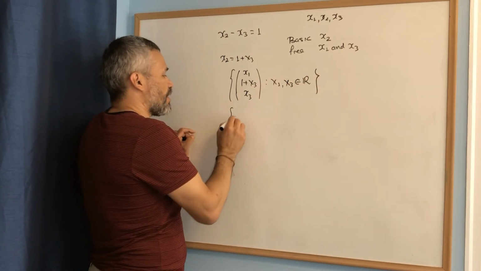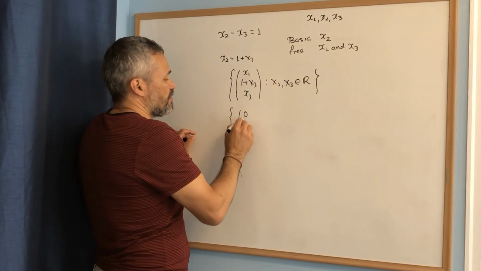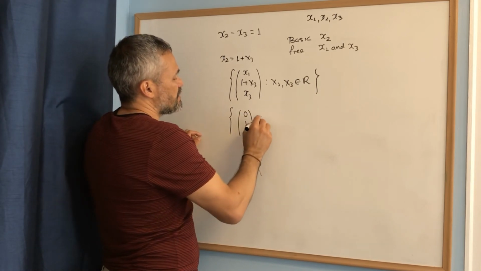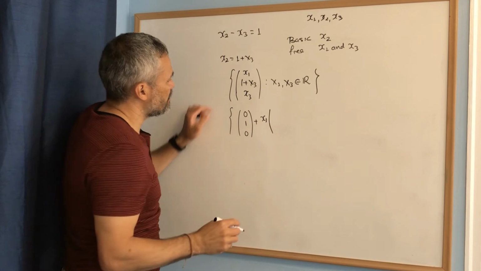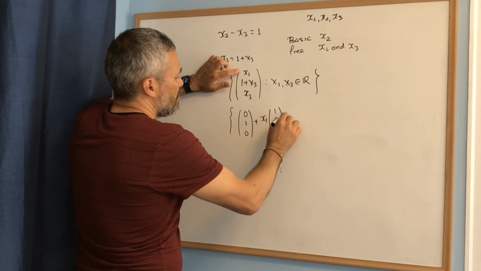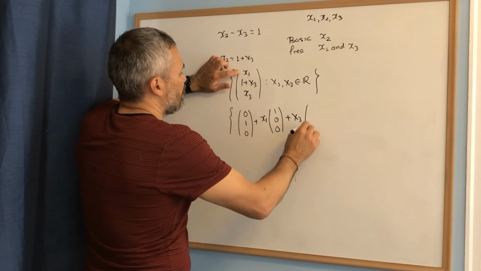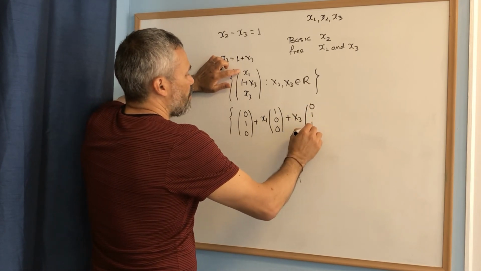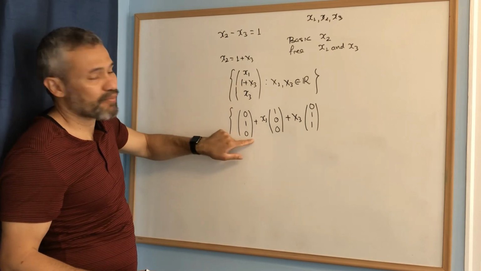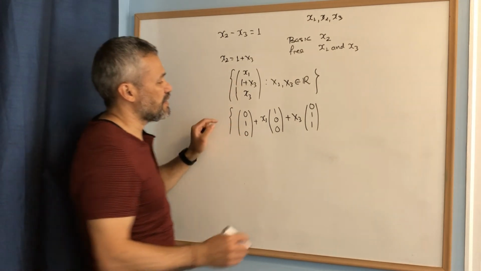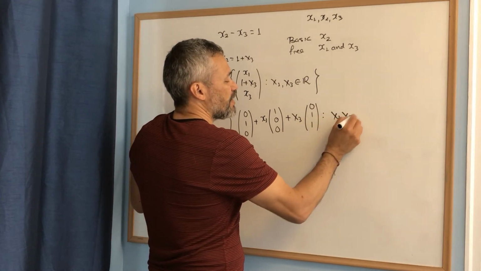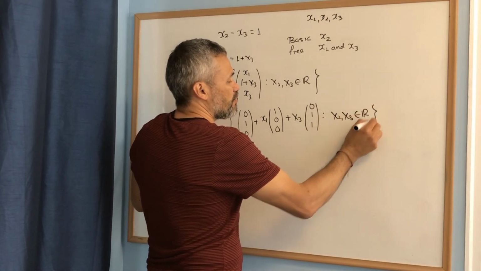Then I can rewrite this in this form: (0, 1, 0) plus x1 times (1, 0, 0) plus x3 times (0, 1, 1). This may be the challenging part, to realize that this can be written like that. Please practice this procedure, such that x1 and x3 are real numbers.